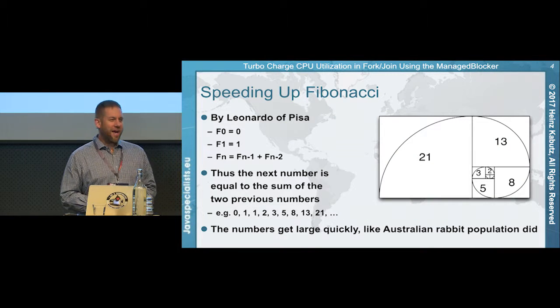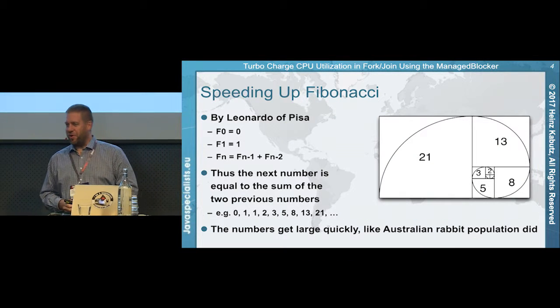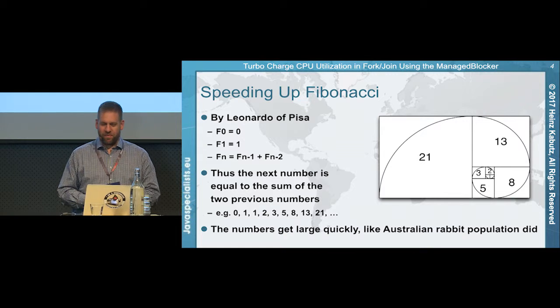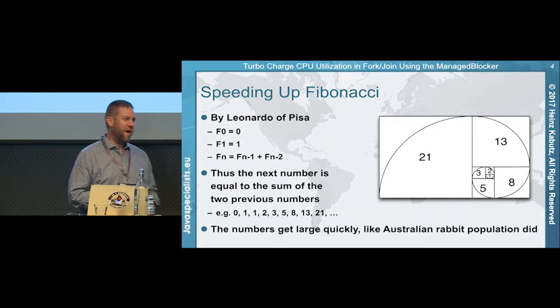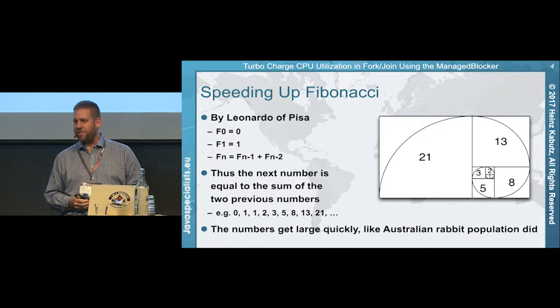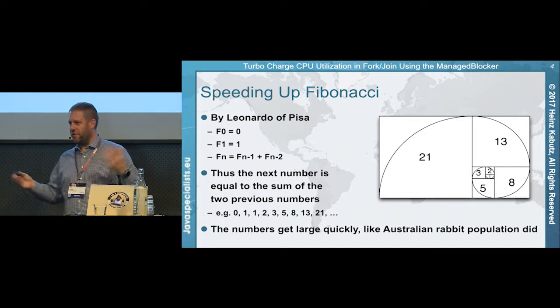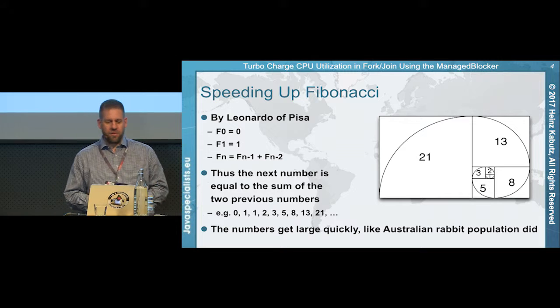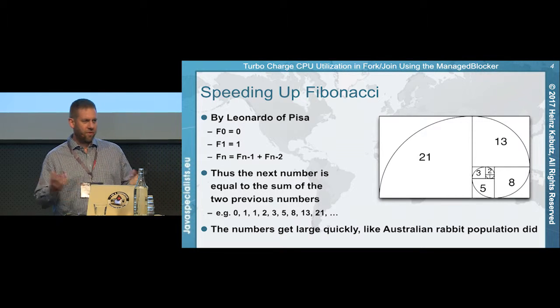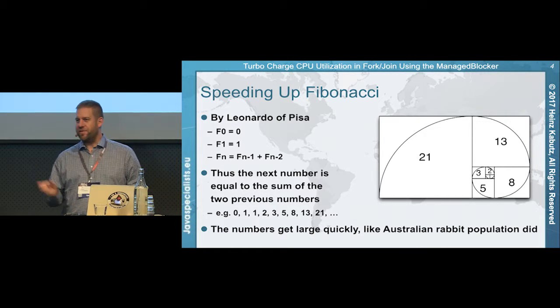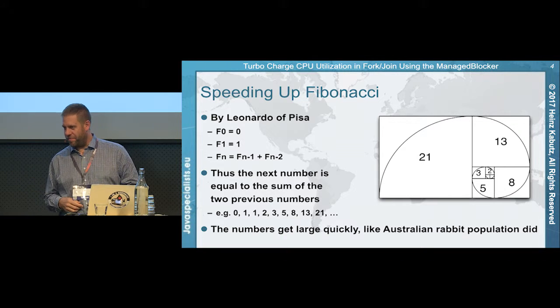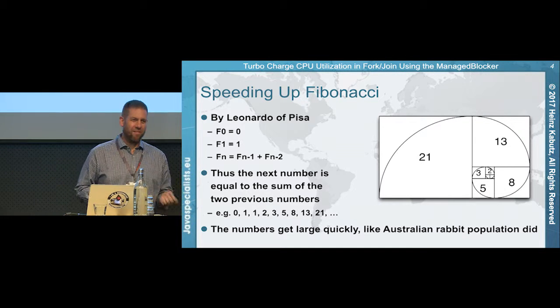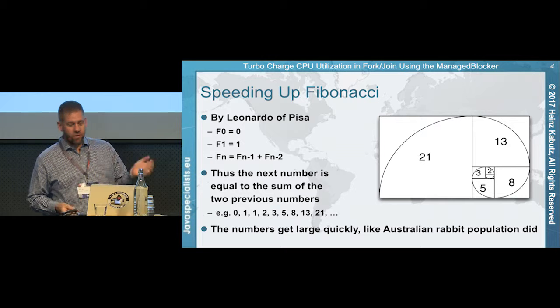So we're going to look at a number that's always difficult to calculate, called the Fibonacci series. This was done by a guy called Leonardo of Pisa, and his father was called Nacci, so he's called Fibonacci. It's a very commonly known sequence. F of 0 is 0, f of 1 is 1, f of n is the 2 previous numbers added together. Very simple mathematical equation, and it occurs all over the place.